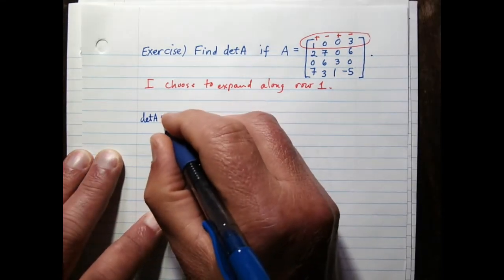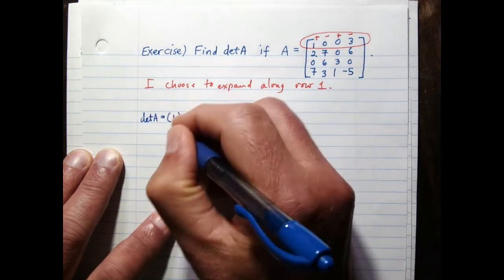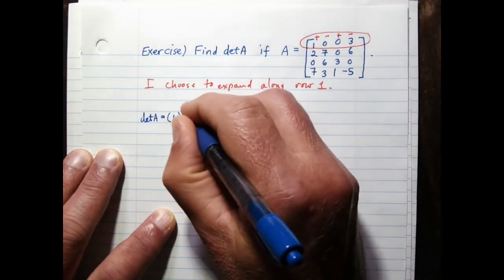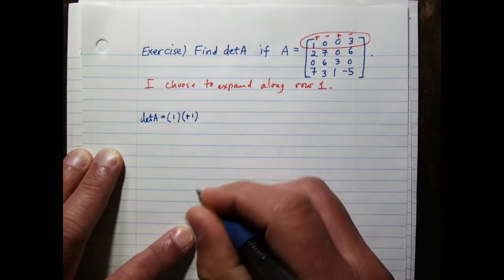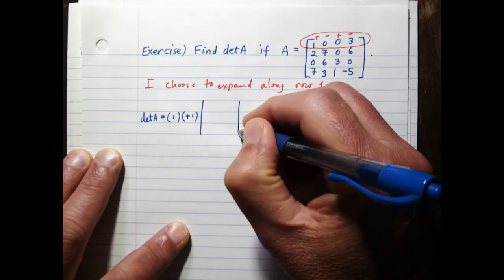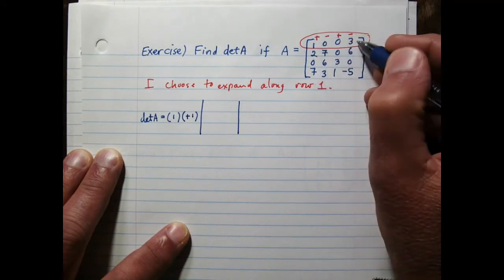So here we go. We're going to get started. So I take the first entry. The first entry is 1. Then I'm going to take -1 to a power, but I know it turns out to be +1 from that plus sign. Then I'm going to multiply by the determinant I get when I remove that row and column.